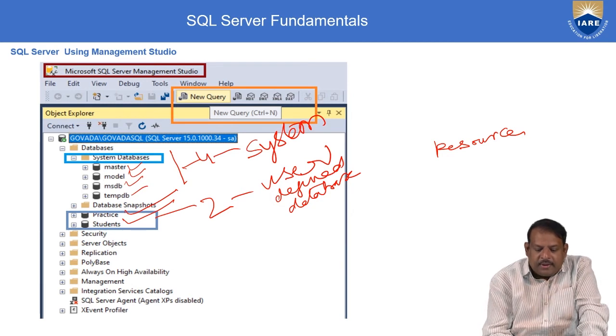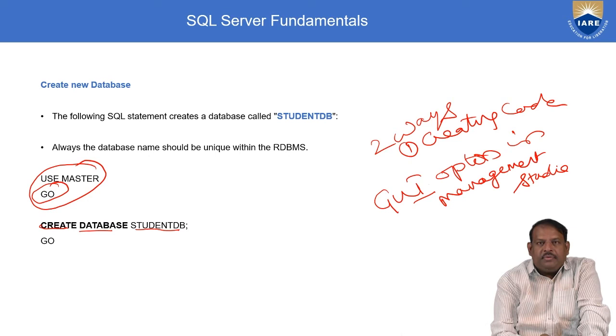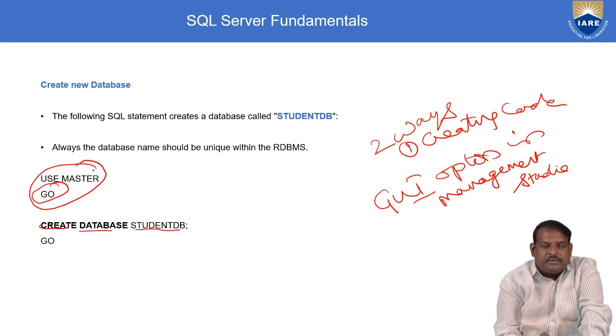I say new query. After that new query, I write USE master GO, which means my control will be passed to the master database. GO is to differentiate two SQL commands.